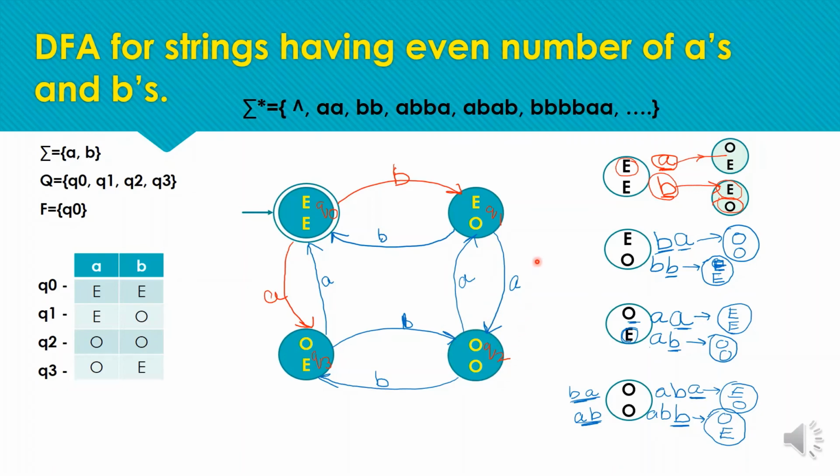And if we get a question with even number of A's and odd number of B's, even then the solution is the same, only we have to change the final state from the initial state to this state. And if the question is for odd number of A's and even number of B's, the solution is the same, only the final state is changed from the initial state to this state.